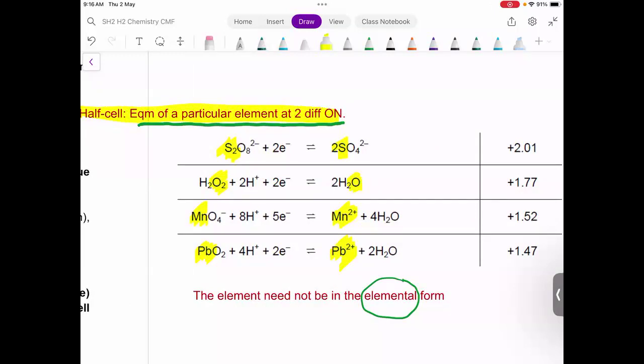They can appear as a compound. So it's very important for you to recognize which one exists in the two forms. I hope you know that the oxidation number of oxygen here is -1, while the oxidation number of oxygen here is -2. You need to go and recap how to calculate oxidation number. This is your prior knowledge.